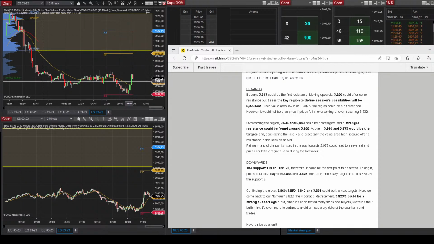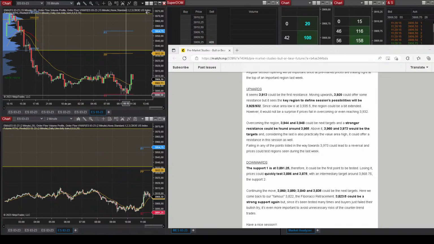So pre-market traded all night below the value area low. This morning it tested the pivot point support one. It worked as a good support, at least during the night, in the morning. And then after Powell's speech, I'm not sure whether he is still speaking, we've seen this bullish move here.